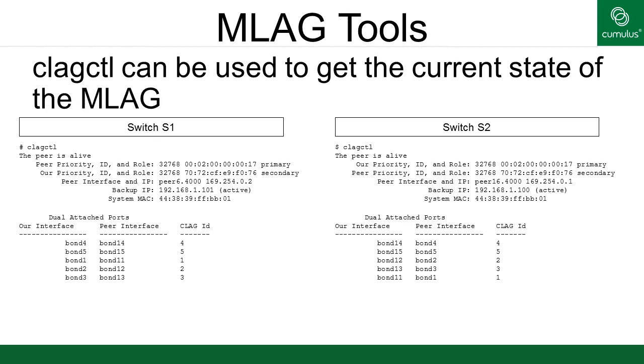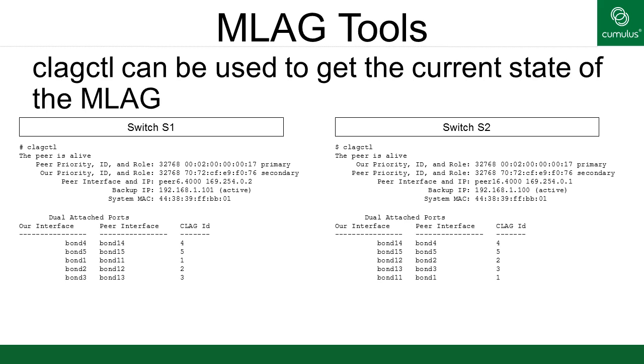If you want to actually specify which switch should be the primary and which should be the secondary, just assign the priority lower on the one you want to be the primary. And you can do that dynamically using the clagctl command, or you can do that in the /etc/network/interfaces statically by doing a clagd-priority under the interswitch link interface.